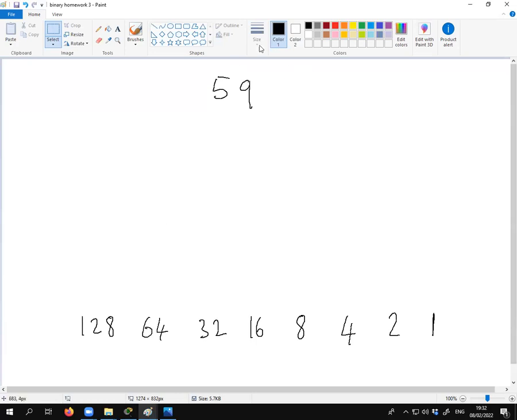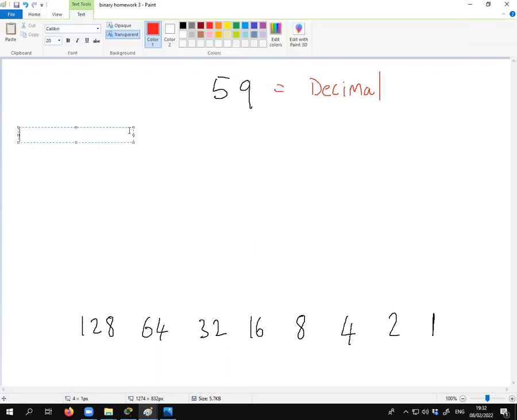Right, so this is 59, our decimal figure. How do we get the binary equivalent? You ask yourself one question: does 59 fit into 128?